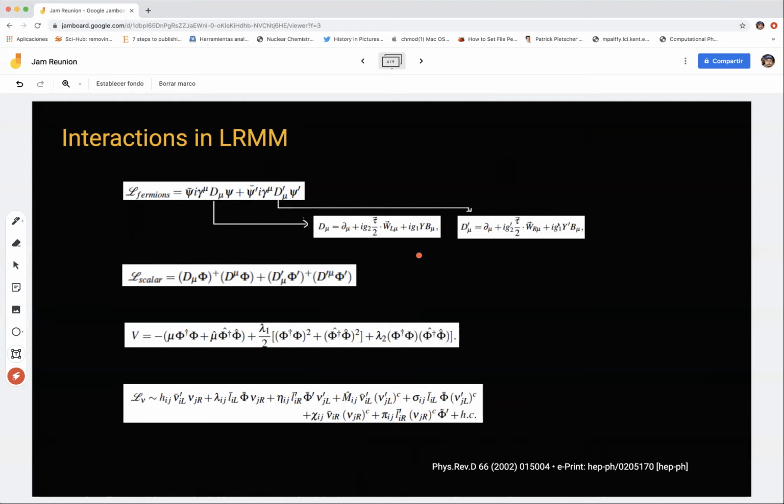In the case of the potential in this model, it has been possible to reduce the free parameters. This is in part thanks to gauge invariance and the invariance under the parity symmetry, which impose conditions on the mu parameters and lambda parameters.